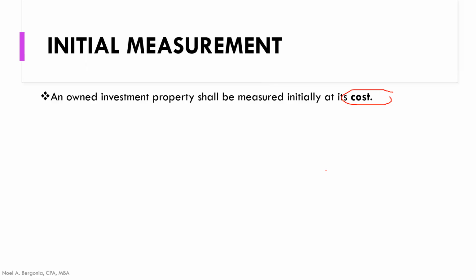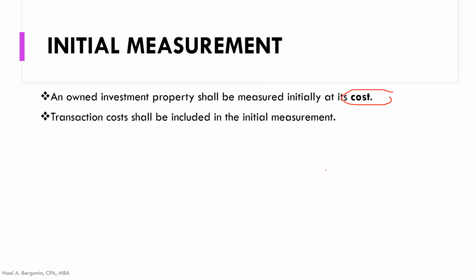Okay, so mamaya we will be discussing again and reiterating some of the modes of acquisition and how we can derive the cost. Okay, so but aside from it, no, technically this cost will include the transaction costs that are essential in bringing this asset to its current state, okay, to be used as investment property. Okay, so ayan po, pakitandaan yan ha. It should be initially recognized at cost.